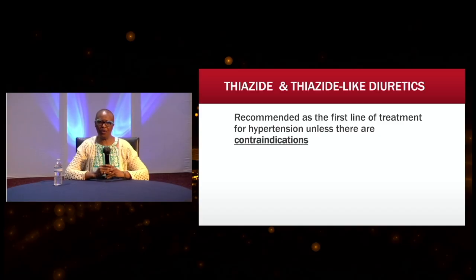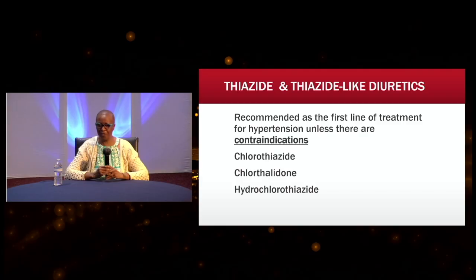And the first one we're going to talk about are the thiazide and the thiazide-like diuretics. I would say that this is probably the first line of treatment that the doctor will go to unless you have contraindications. We're not going to go into the contraindications today, but if you say to yourself, well, why am I not on this medicine?